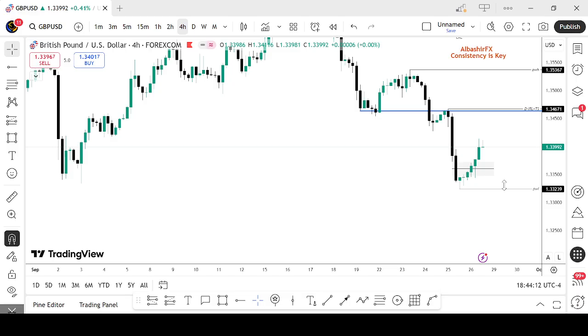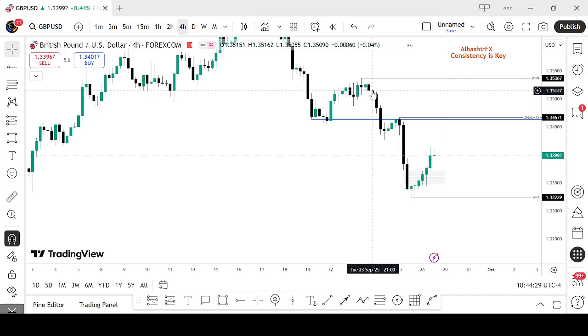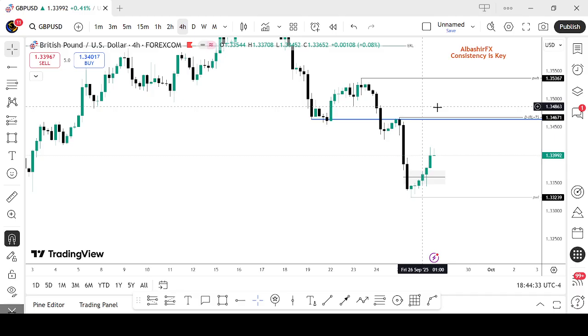So with this delivery to this level, it is highly likely we will not see GBP price above this internal range liquidity. But if we did, we also have a little 4-hour fair value gap here, which might be at extreme premium that price can react from.